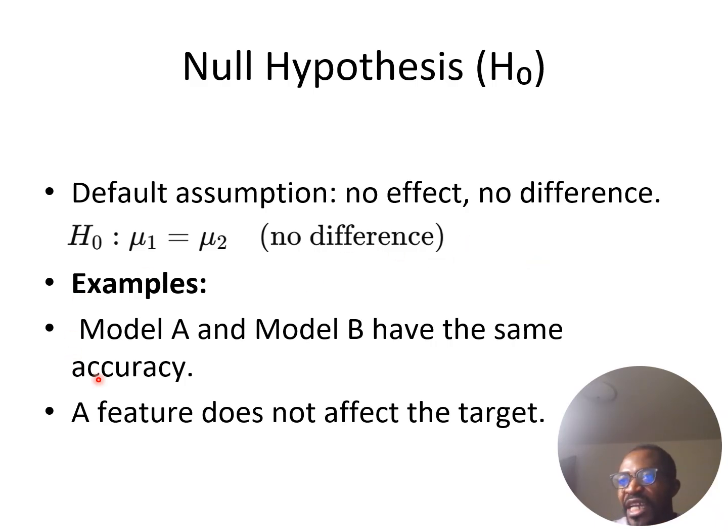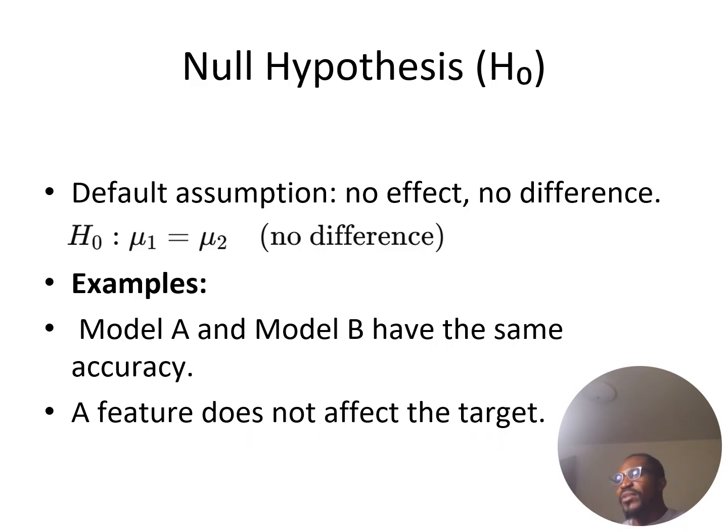So for an example, since we are using machine learning, let's go in those terms. If we train two models, let's say model A and model B, we can check if the accuracies of these two models are the same. We are going to see how to measure the accuracy. Another example in modeling is that a feature does not affect the target.